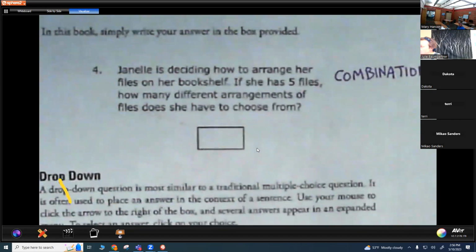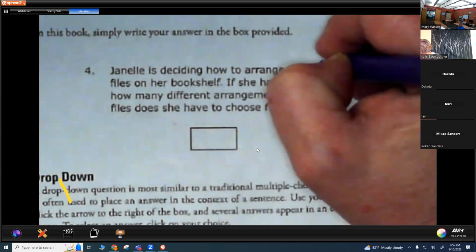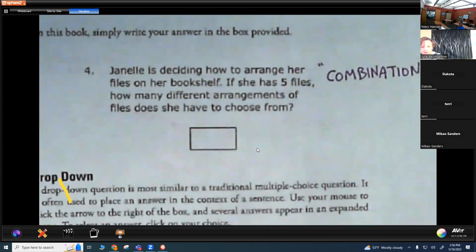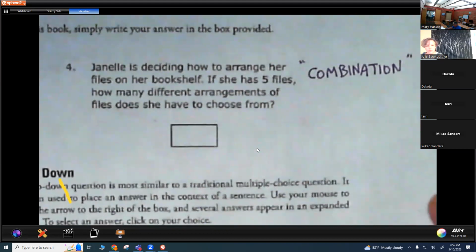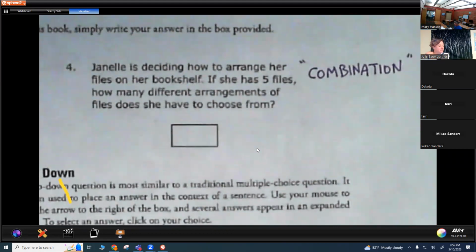I believe that this is called combination. Anyone heard of or know the math associated with this style of problem? Because you'll see this too, like you'll have a problem where he has 5 pairs of pants, 7 t-shirts, and 3 pairs of shoes.